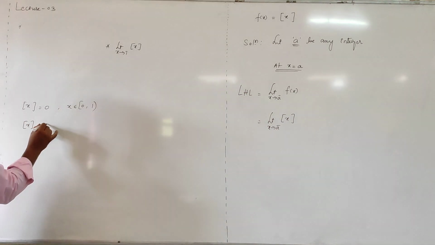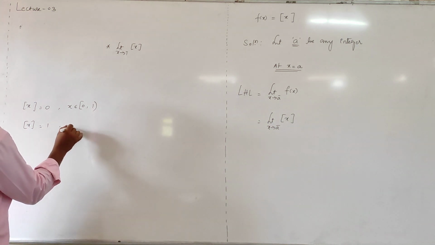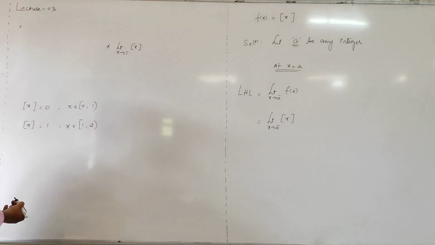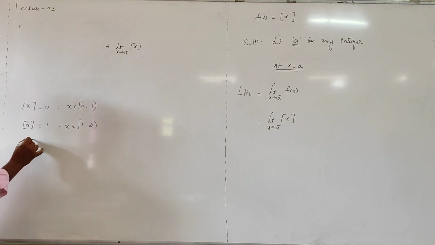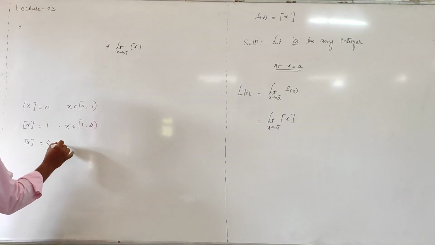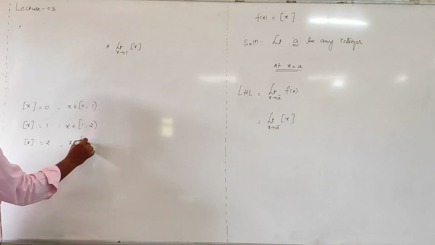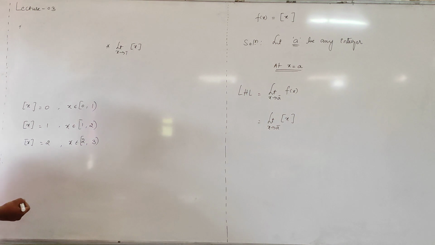Step x equals 1 for all x belonging to 1 to 2. Step x equals 2 for all x you can take from 2 to 3, excluding 3.